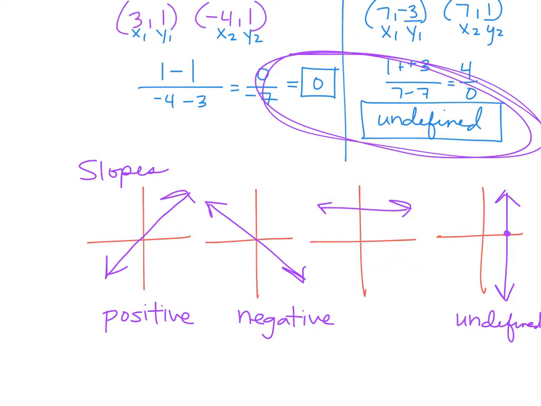Think about it as if you have points here. Let's say this is the point (2, 0), and this is the point (2, 1). If you plugged that into the slope formula, you're dividing by 0, which you can't do. Whereas if you did this, call that point (0, 4) and this point (1, 4), if you plug that into the slope formula, you're going to get 0. So this has a slope of 0.